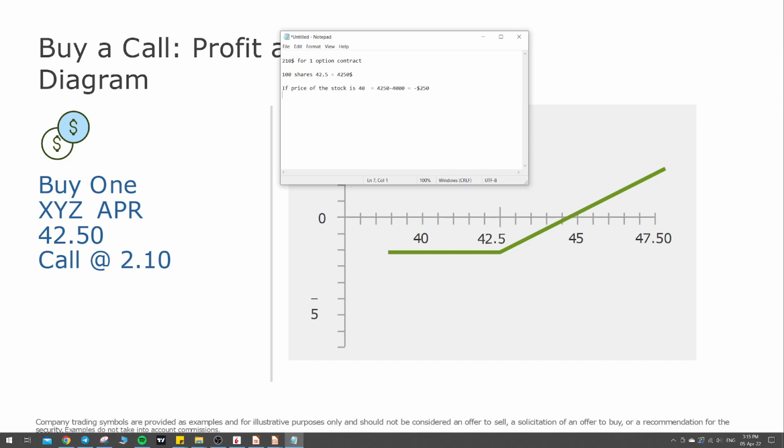Let's assume as well that the price of the stock right now is 35, so in this case it's going to be 42.5 minus 35, which is 7.5, but it's reverse, sorry, 35 minus 42.5, multiplied by 100, and we are going to lose $750.